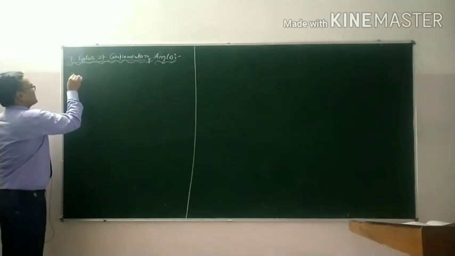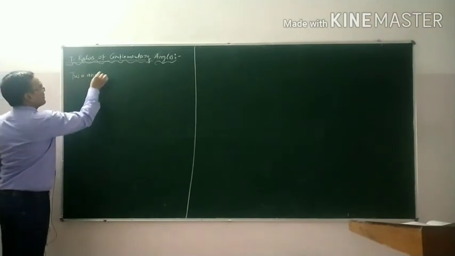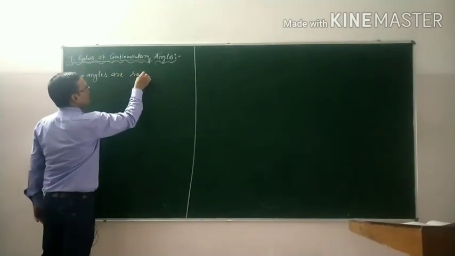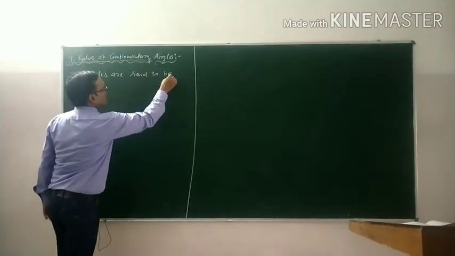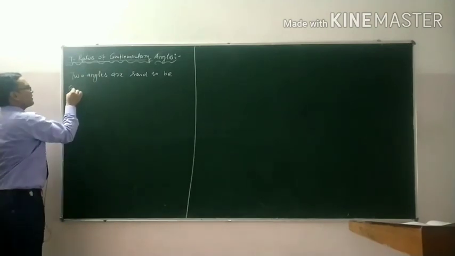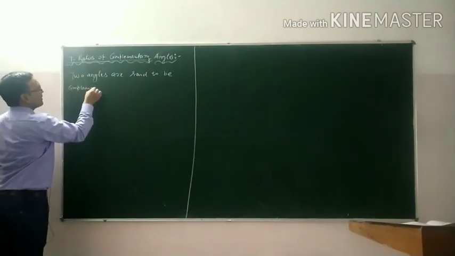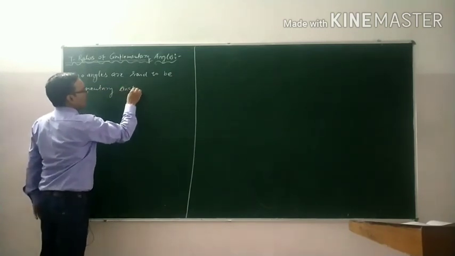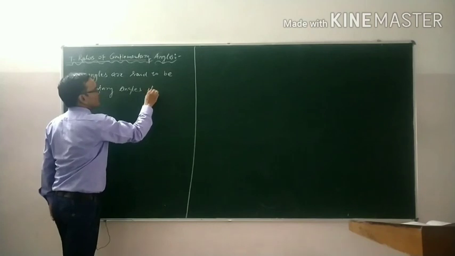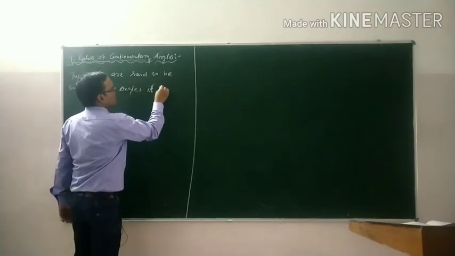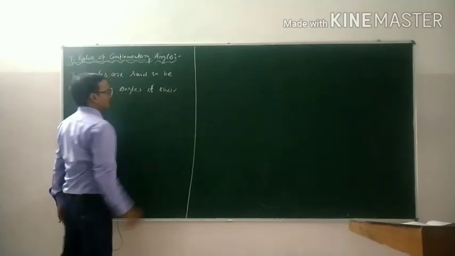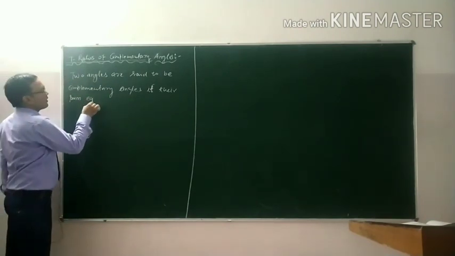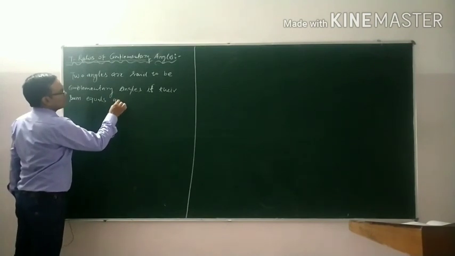Two angles are said to be complementary angles if their sum equals 90 degree.